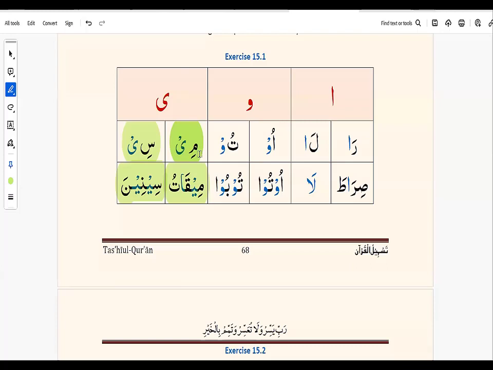In this example, what rule do we need to remember? Prolong it for 2 seconds. Well done, mashallah. This should be prolonged for at least 2 seconds or 2 counts.